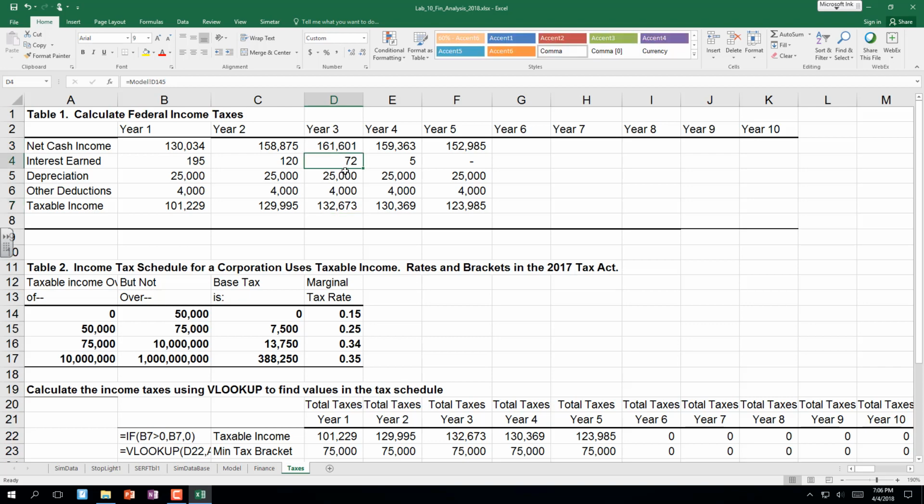That number, that one, or that one? The other deductions. Other deductions, how can it go down? It was 4,000 every year. It could be 0 if you didn't lock it. I must have put all the numbers in those other deductions. It's so easy to do.